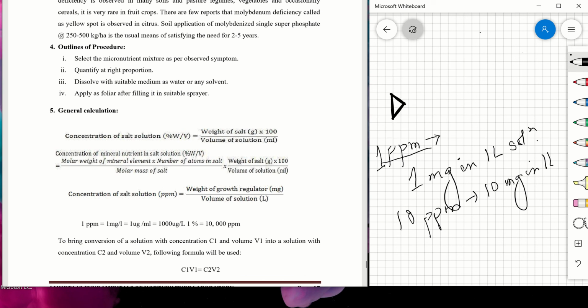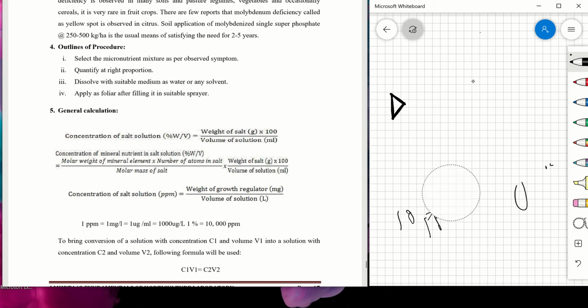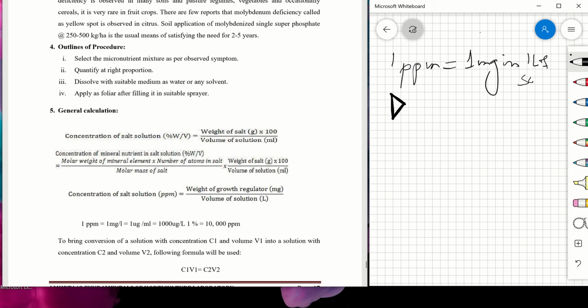So let's see how these definitions come into being. Let's write it again: 1 ppm equals 1 milligram in 1 liter of solution.